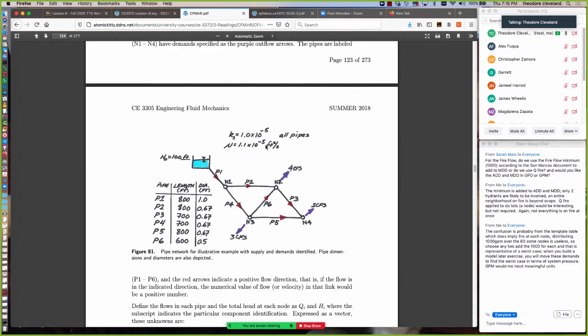The viscosity of the water is taken as 1.1 times 10 to the minus 5th feet squared per second, and that information is used when calculating Reynolds number to find the friction factor. One of the nice things about the Hazen-Williams model is that we don't have to keep track of viscosity or roughness coefficients, because they are directly incorporated into the Hazen-Williams loss coefficient.